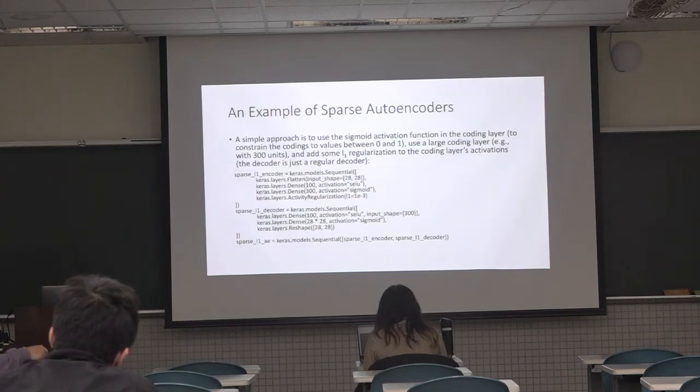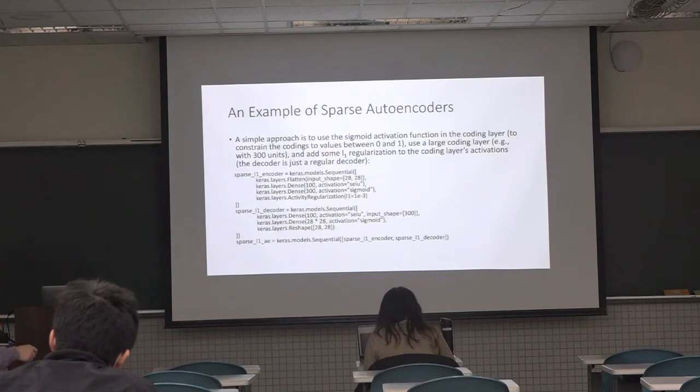Be very careful: you can see from 100 to 300. This is the coding layer. That's why this is a sparse autoencoder. Normally, because we want to achieve sparsity, the middle coding layer has more neurons than the other layers. The middle layer is 300, and the previous layer is 100.